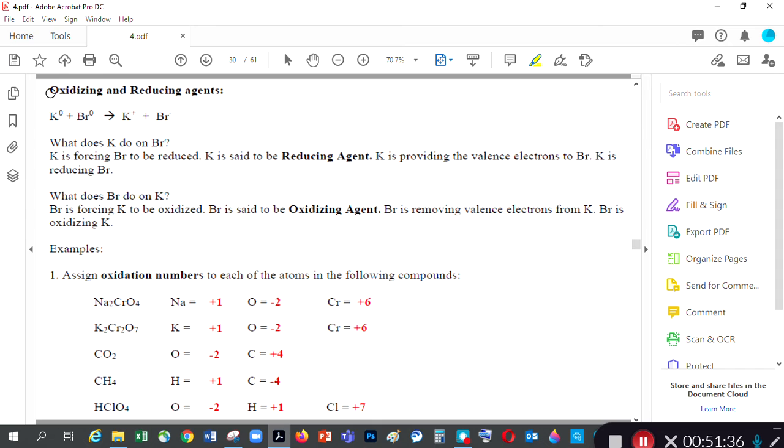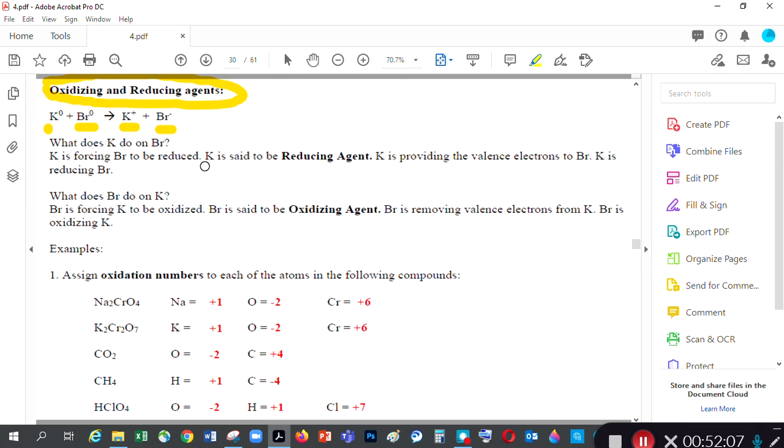Here we'll go through the oxidizing and reducing agent. On this topic, ask yourself: we have potassium with oxidation number 0, bromine is 0, and it gives us potassium plus and bromine negative. Now I want to see which one is the oxidizing agent and which one is the reducing agent.